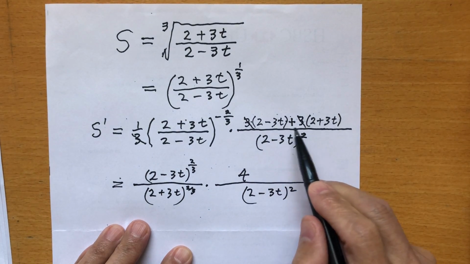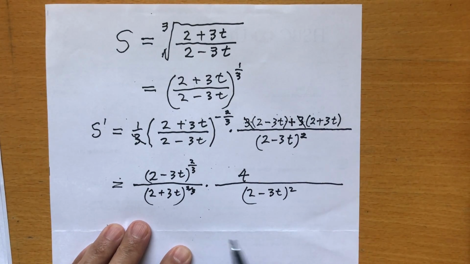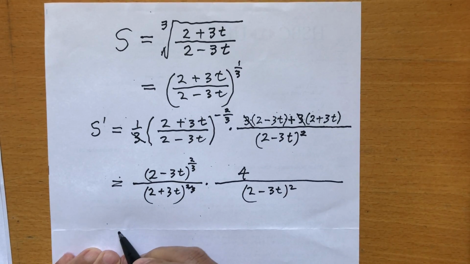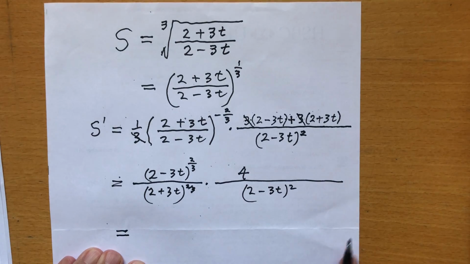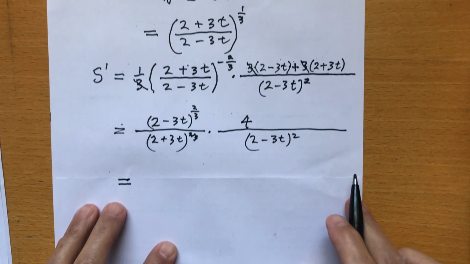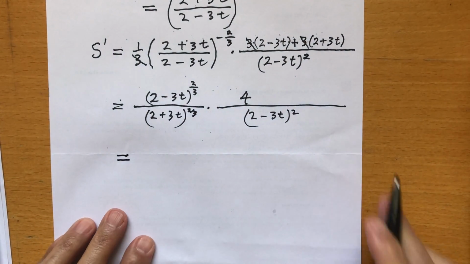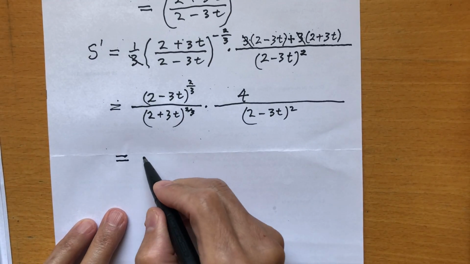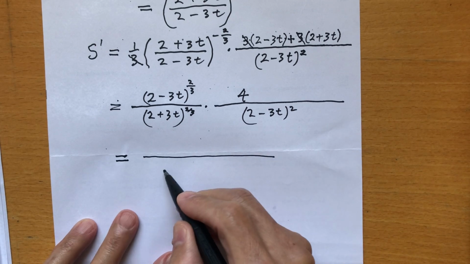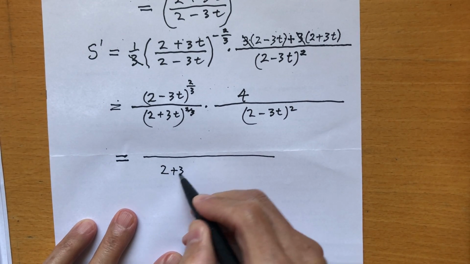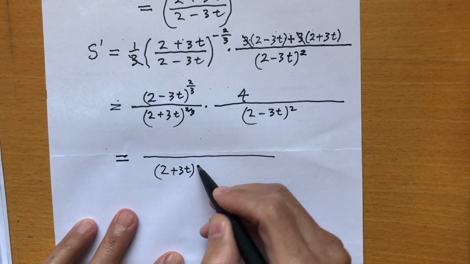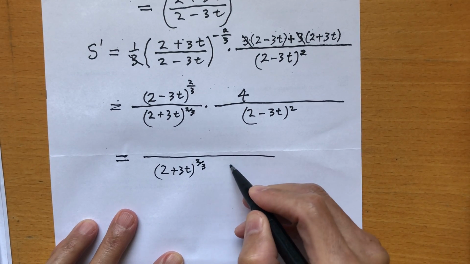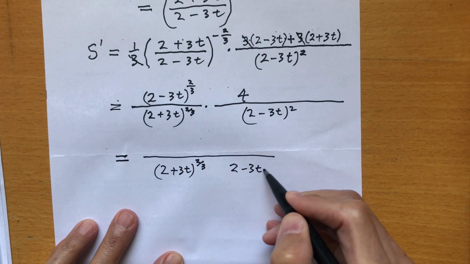Minus 3t plus 3t, oh, they cancel. So I only have a 4 here. So go on. 2 minus 3t, 2 minus 3t, they can be combined. So 2 minus 3t.